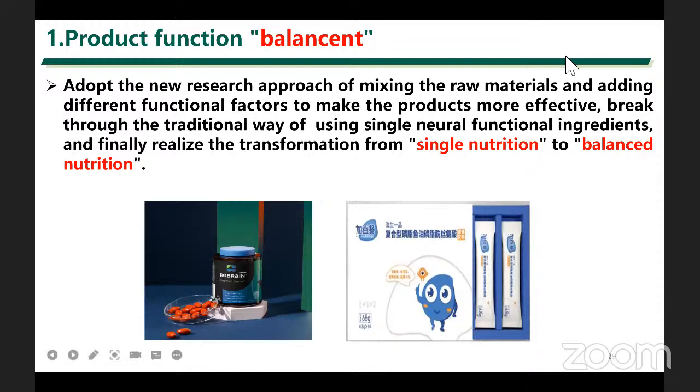Adopt the new research approach of using more matters and adding different factors to make the products more effective, and break through the traditional way of using one single neural function ingredient, and finally realize the transformation from single nutrition to balanced nutrition.